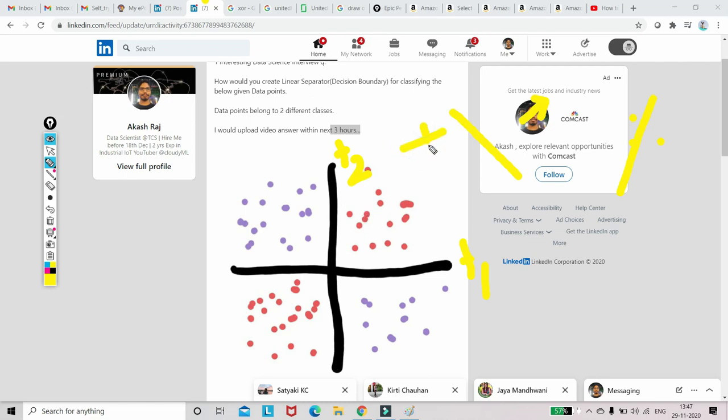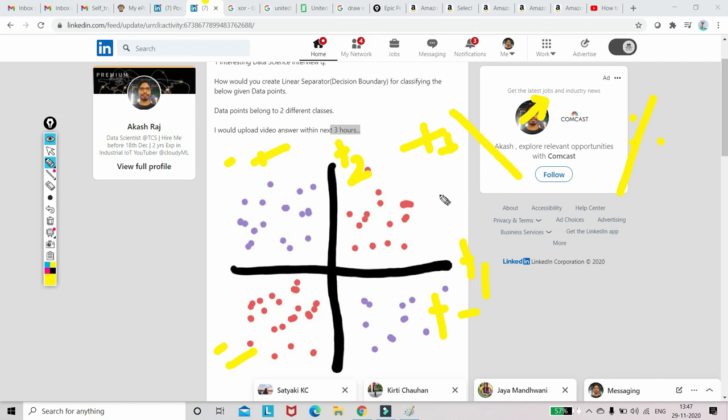If we go by axis, this is positive positive, this one is negative positive, this one is negative negative, and this one is x positive and y negative. So f2 is the y-axis, f1 is the x-axis. Pardon the graphics, it's not so clear, but you can understand.